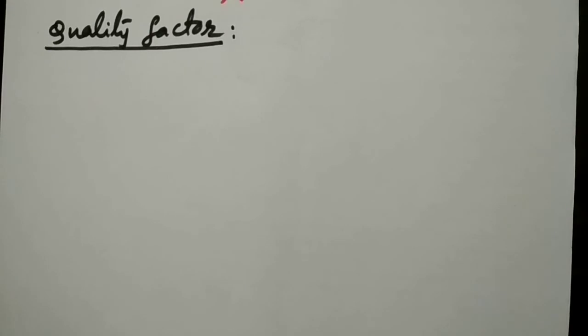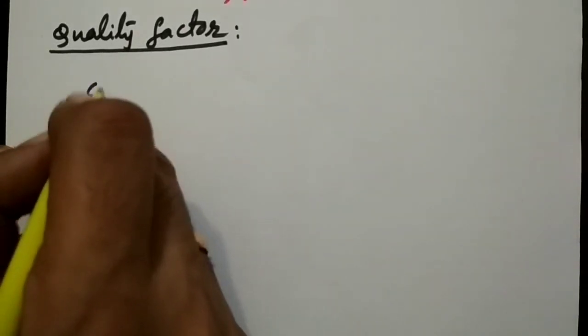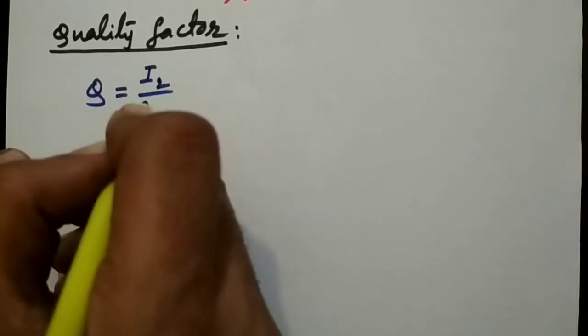Now the quality factor of a parallel circuit. As we have discussed here, in parallel circuit during resonance, the branch currents are much greater than the total circuit current. Therefore, the quality factor of a parallel circuit can be defined as the ratio of the branch current to the total current.